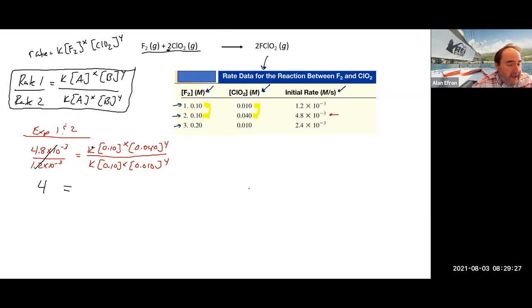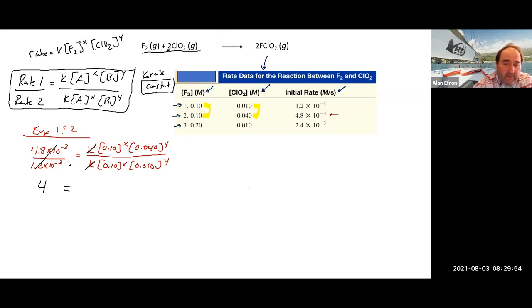First off, we have K on top and K on the bottom. Remember that K is the rate constant. The key to that word is constant, which means although we do not know what the number is for K, we do know that the K on top and the K on the bottom should be the same number, which means they will cancel out.